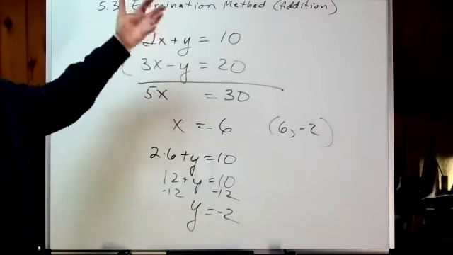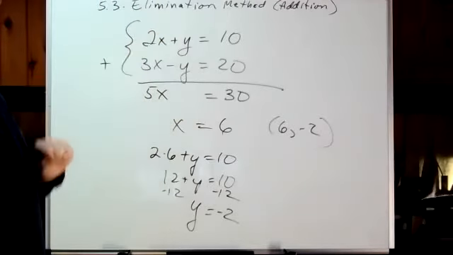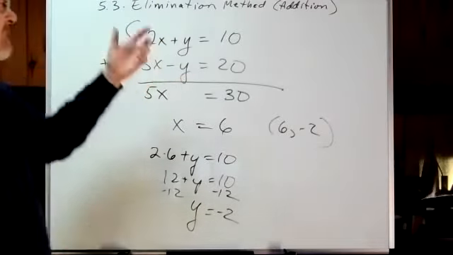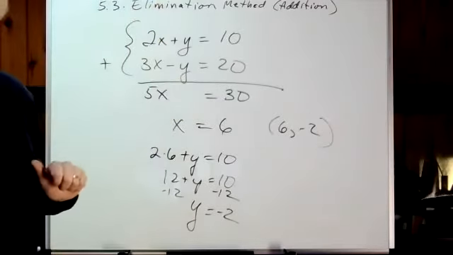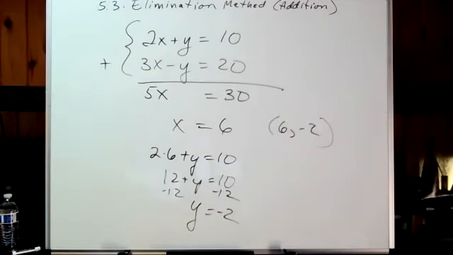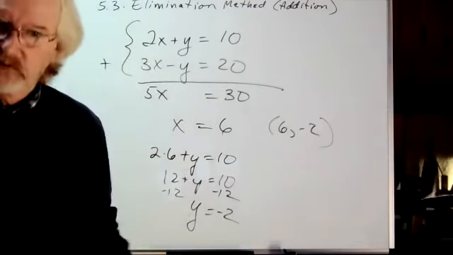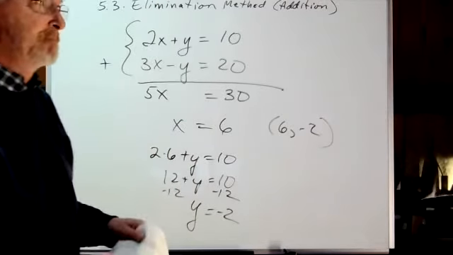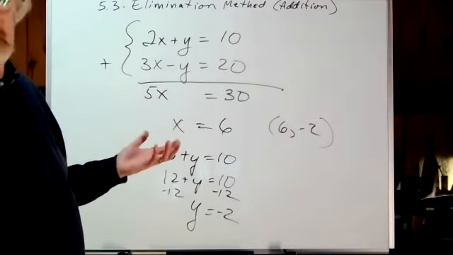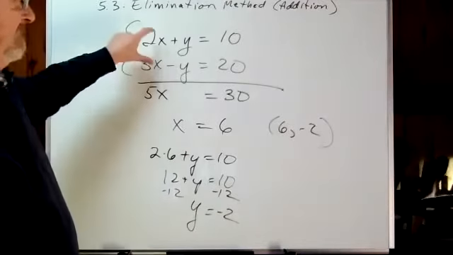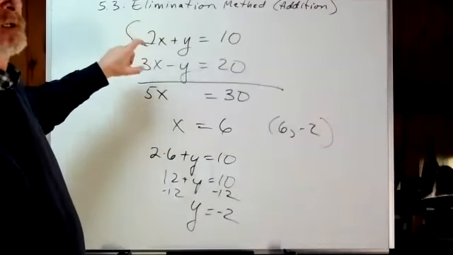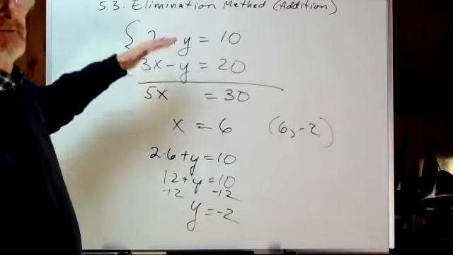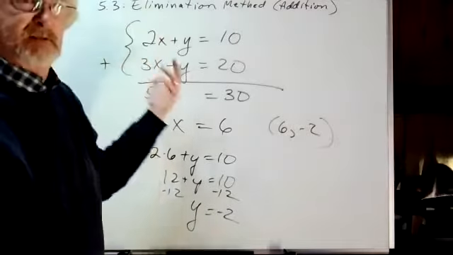Adding them so that you get one of the variables to cancel itself out or eliminate itself is the gist of this technique. Right? It works nicely, mostly, with systems that are built out of two of these standard form equations, right? x's and y's on the same side.